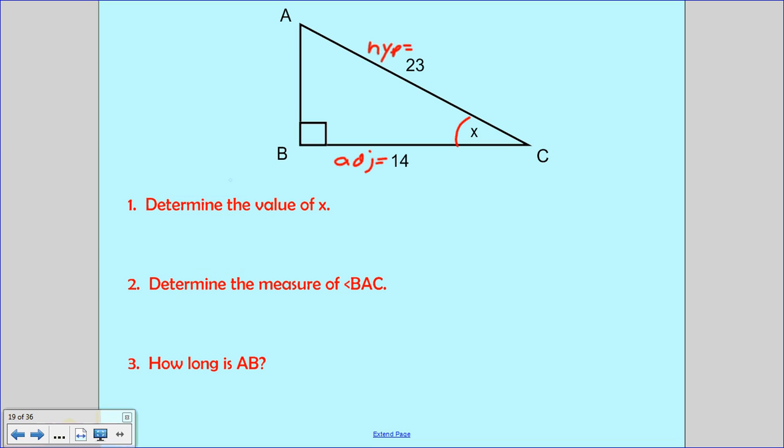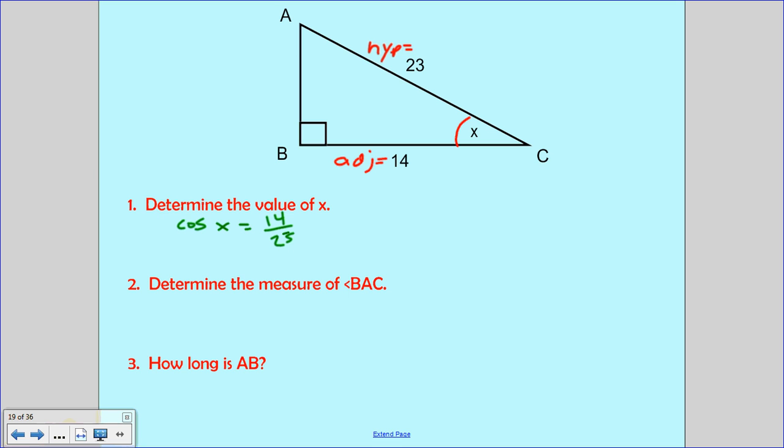So I can set up my ratio. The cosine of angle x is equal to adjacent, which is 14, over hypotenuse, which is 23.